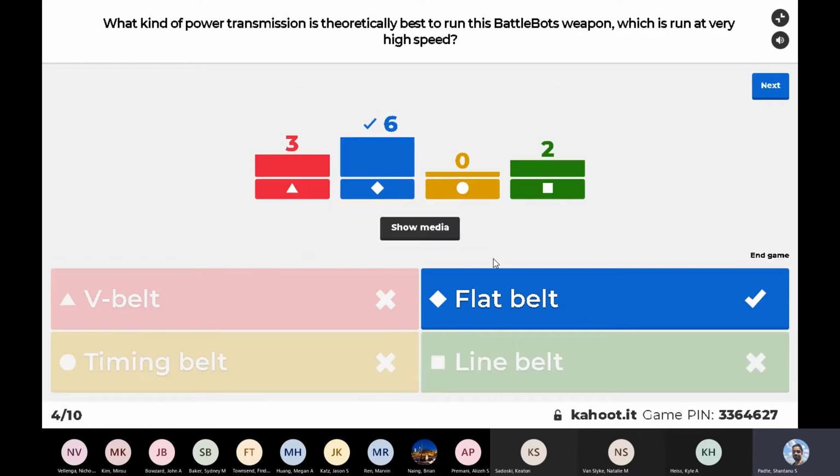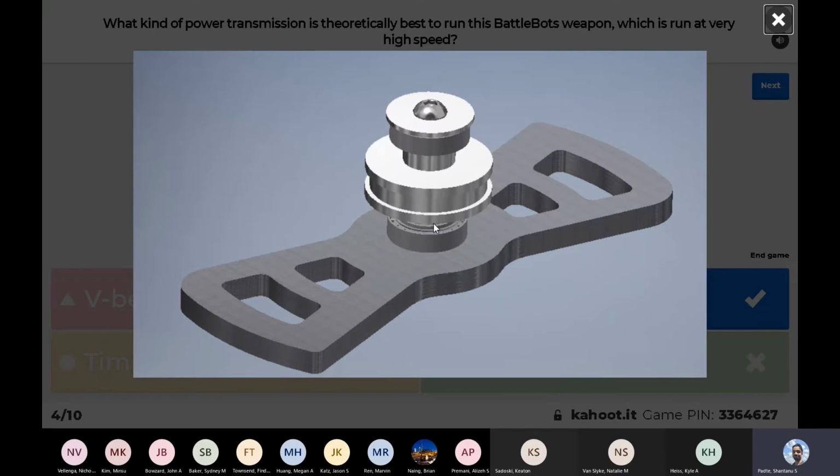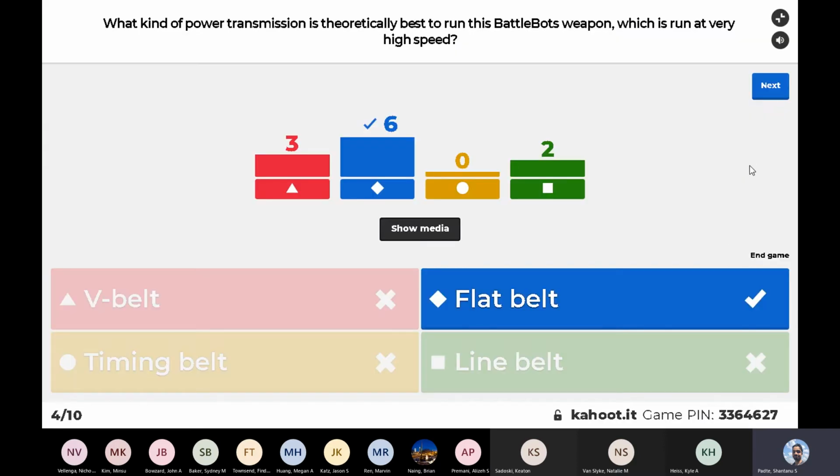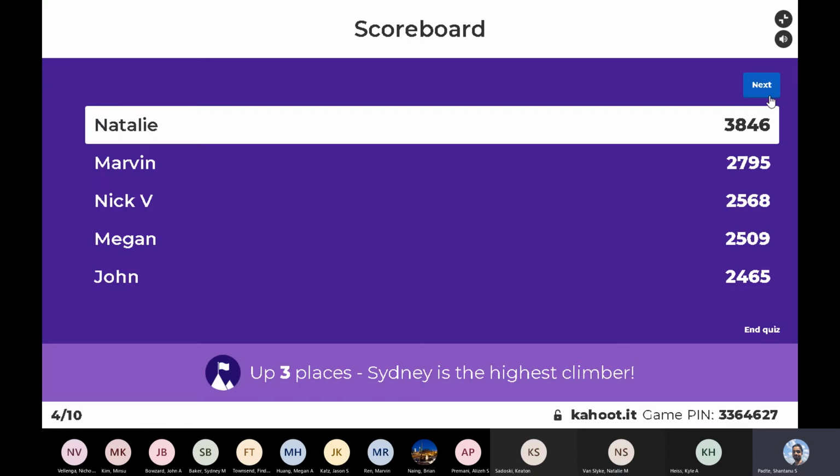Yep, that's right. It's a flat belt. Correct me if I'm wrong, Keaton, but there is a flat belt that goes between these two discs, like it aligns along this wheel over here, and the flat belt can spin at very high speeds, so it spins this weapon along with it. Okay, cool. Next question.